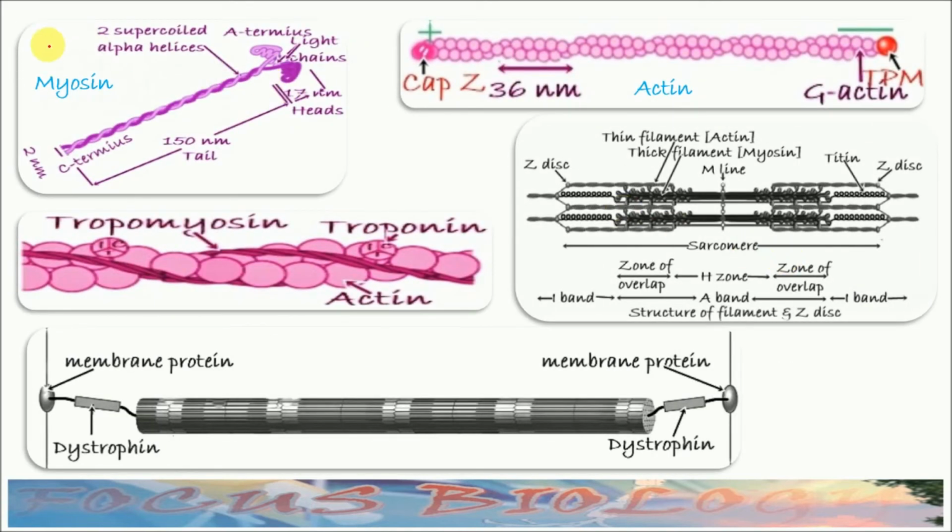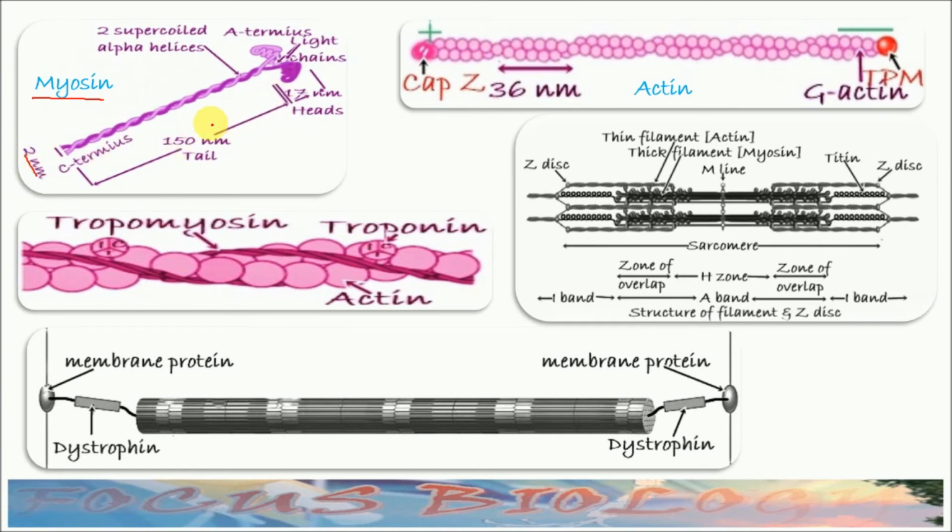Now we will summarize today's lecture. This is the myosin protein. It is made up of two alpha helices wrapped around one another. It is 2 nanometers in diameter.